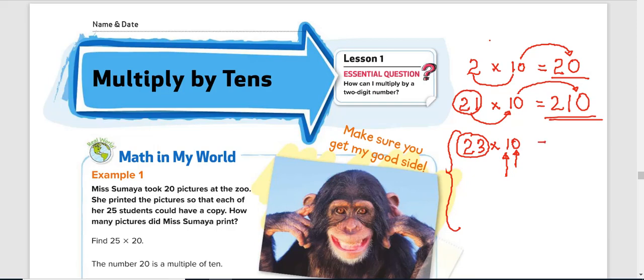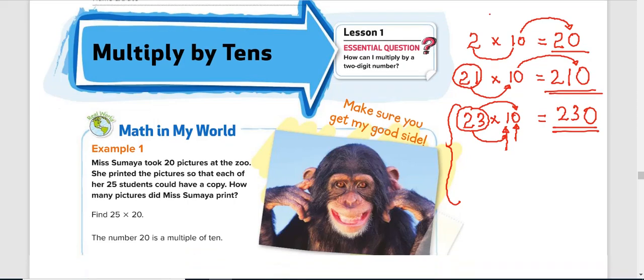So when 23 multiplies 0, any number multiplies 0 will give you 0. So you write the 0 first in the ones place. Then the next is 23 multiplies 1 in the tens place, which will also give you 23. The answer, 230. So this is the technique of multiplying by tens.